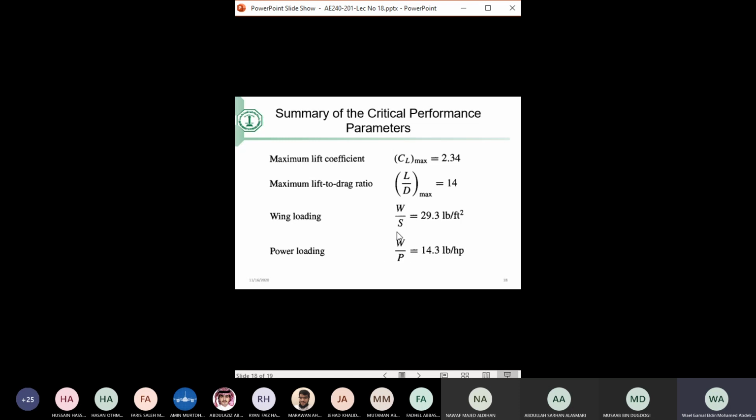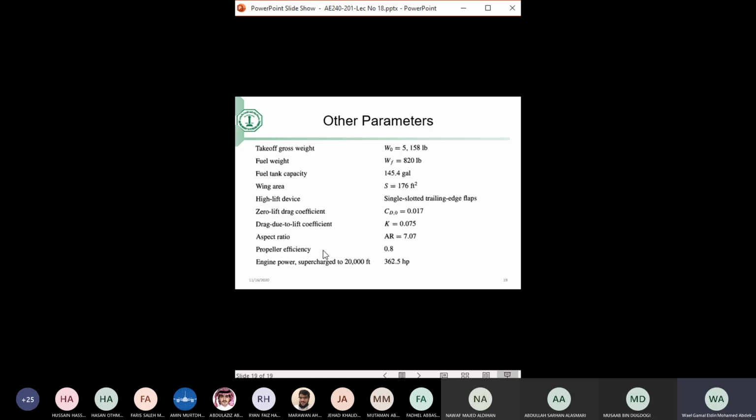The power is 362, the weight is 5,100, the ratio is 14. And in the process, we got some information, like what's W naught, what's the fuel weight, what's the fuel tank, what's the wing area, what's CD naught, what's K, what's the propeller efficiency.